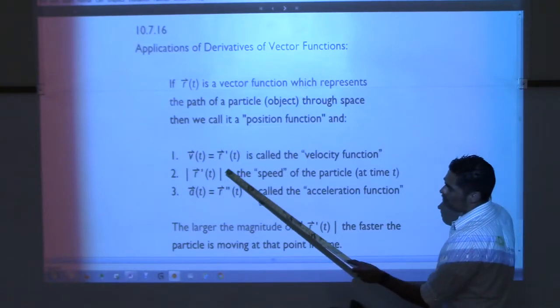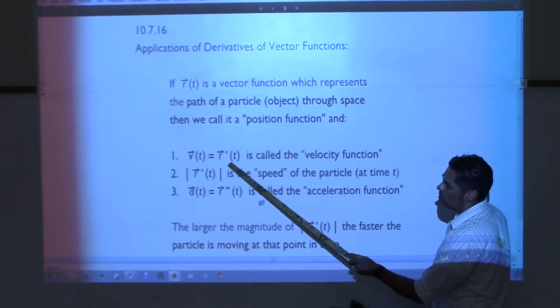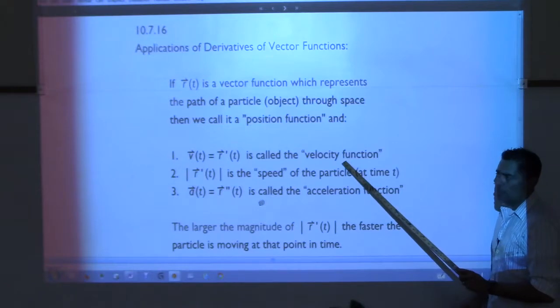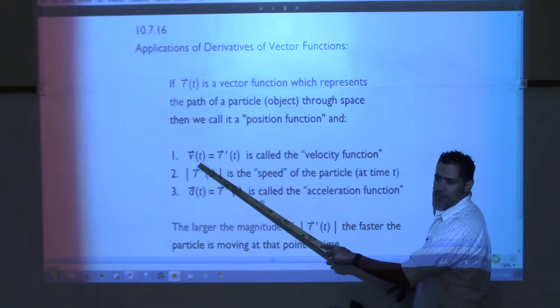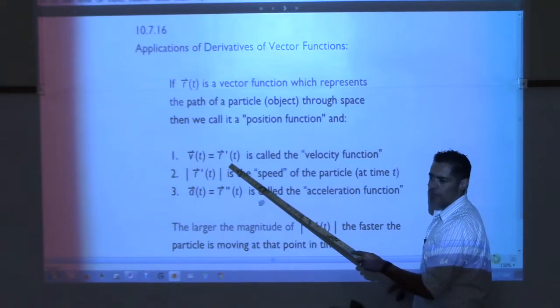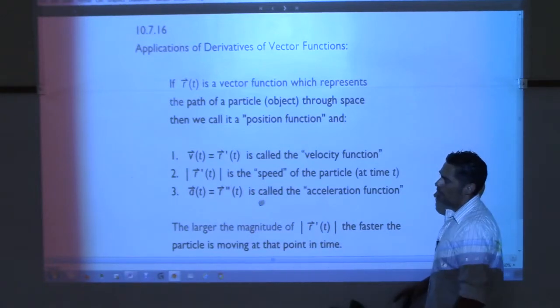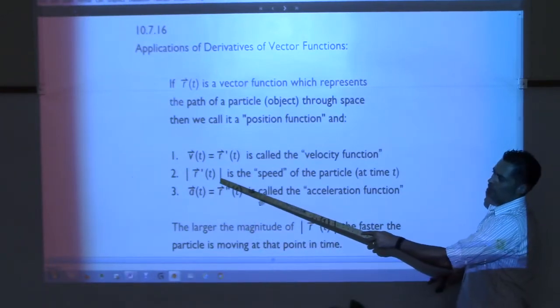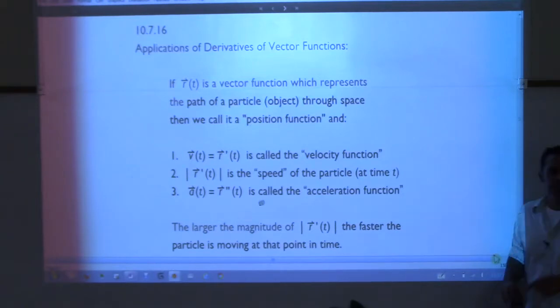And if we take its derivative, we will call it the velocity function, and we can label it v of t. It's the first derivative of the position function. The magnitude of the first derivative is the speed of the particle at that particular time.